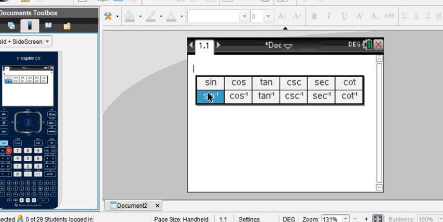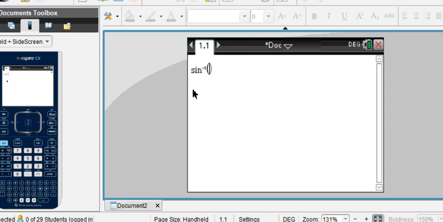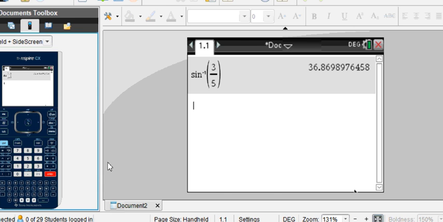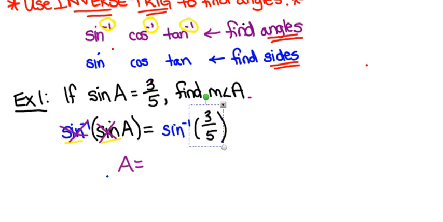But now we want to use inverse sine. So here's inverse sine, here's inverse cosine, here's inverse tangent. So we want inverse sine of the fraction 3/5. And the angle whose sine value is 3/5, we're going to round all of these in this video today to the nearest tenth, is 36.9 degrees.